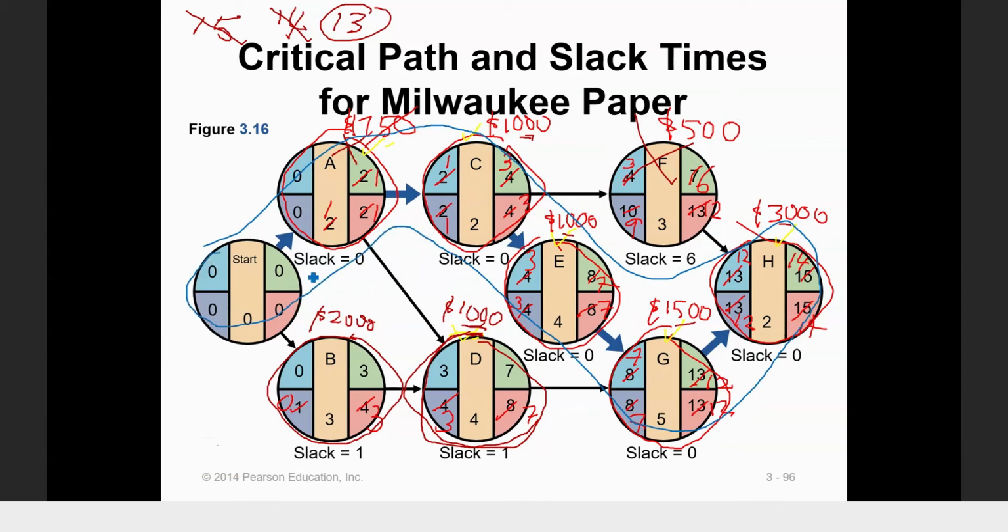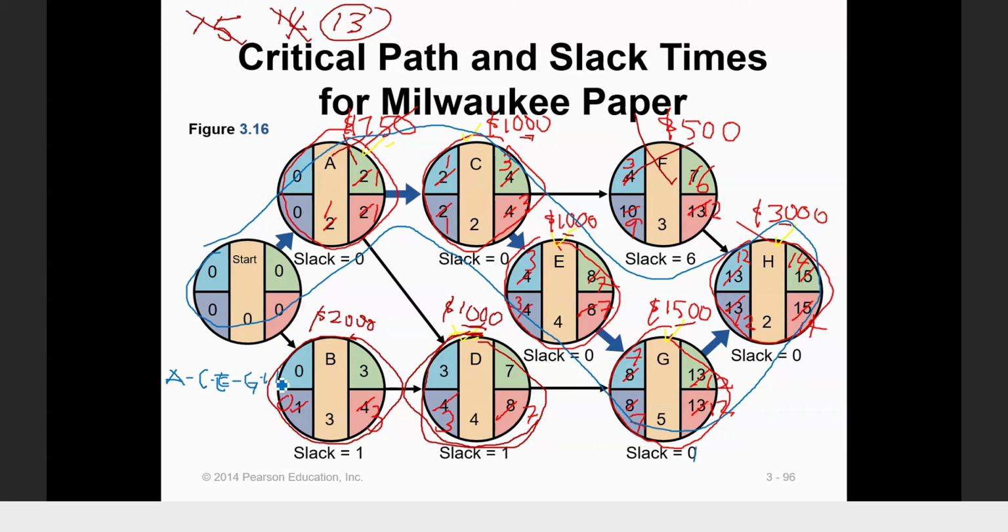So what we have here is, one route is A. After A, it will go to C. After C, go to E. After E, it will go to G, and then go to H.